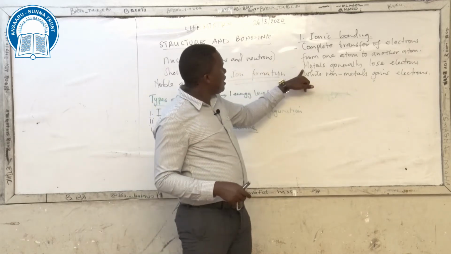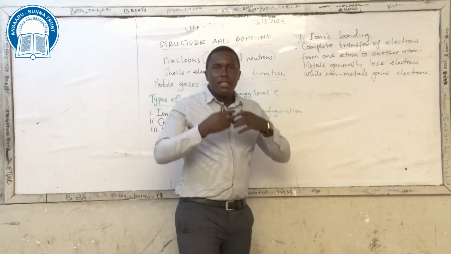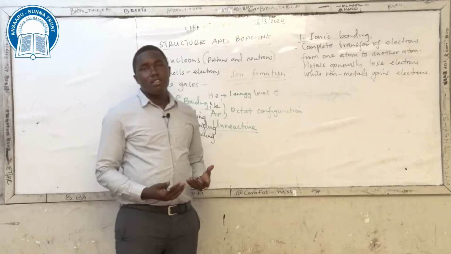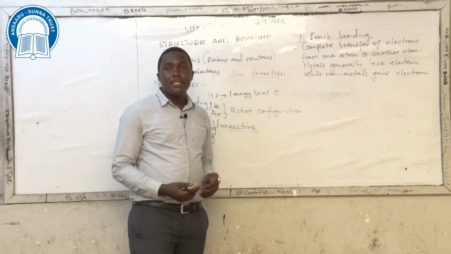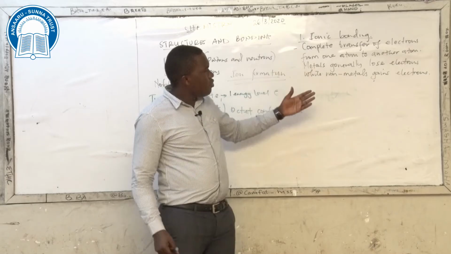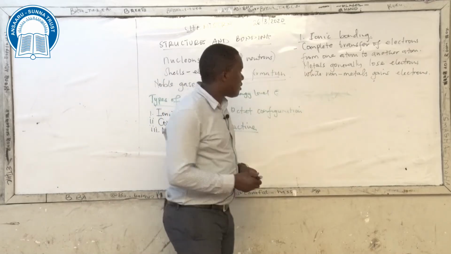From the behavior of metals, metals have an ability to lose electrons to other substances, and therefore you will find that ionic bond is always between metals and non-metals.